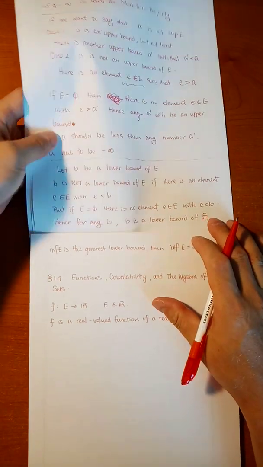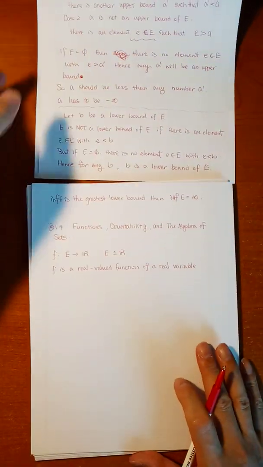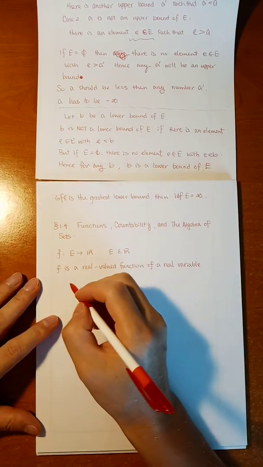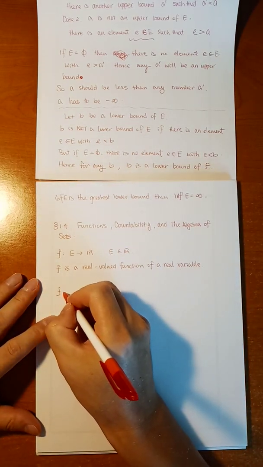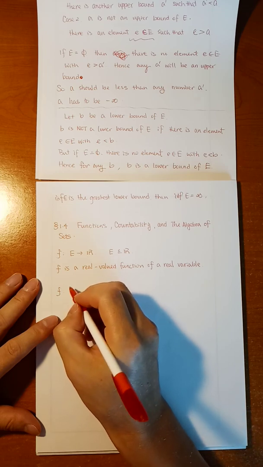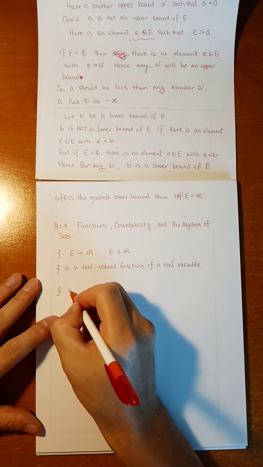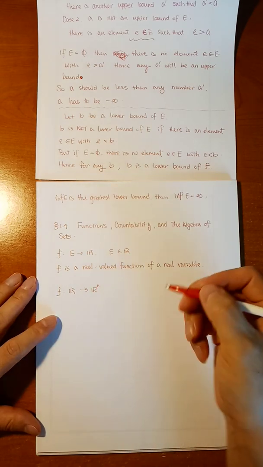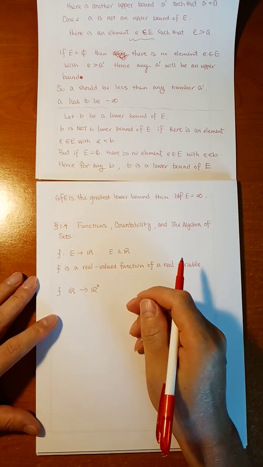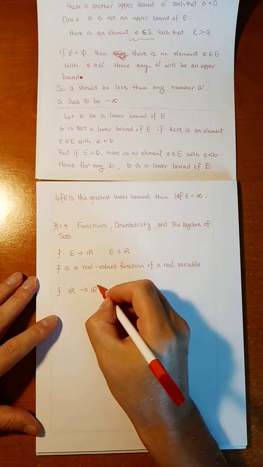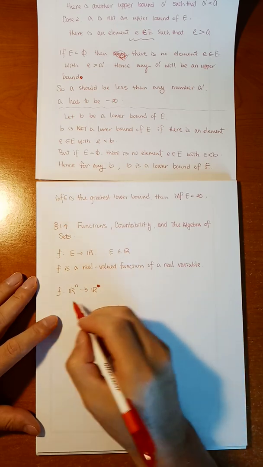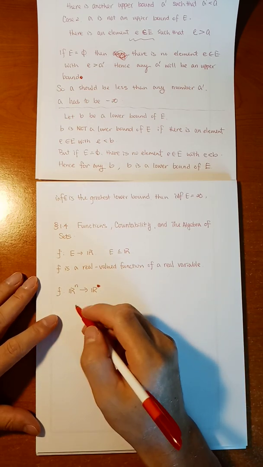Okay, so here let's talk a little more about this. If you have a function from a real subset that is mapped to Rn, like when you study, from Rn to R, this one is a multivariable function, right?